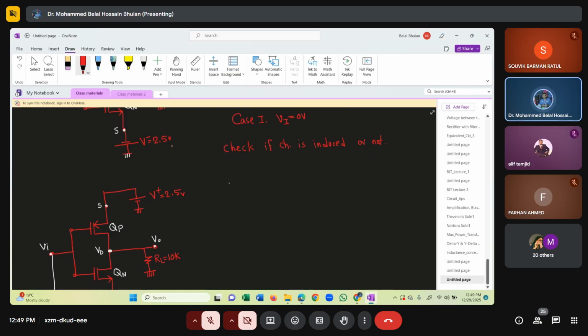Check if the channel is induced or not. For QP, first of all, let's do it for QP. What do we do? Same thing. There is nothing new. Whatever I'm doing here, we have done before.